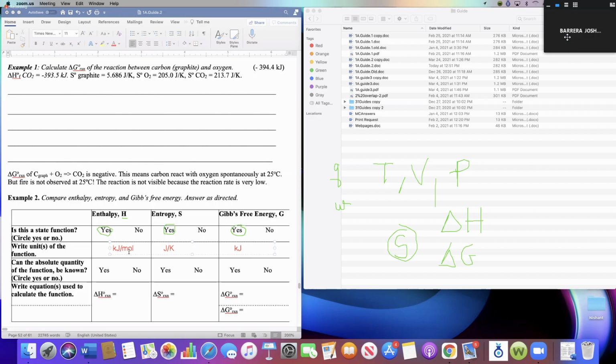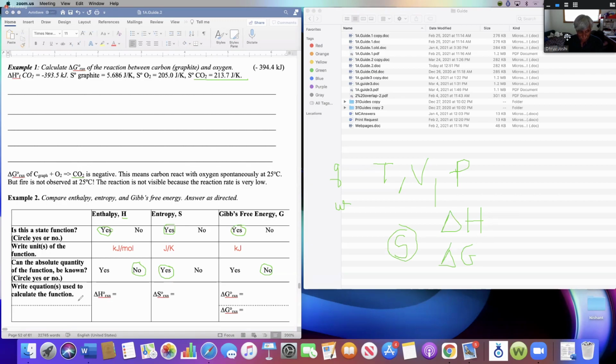No. Can you know absolute entropy of a system? I'm not sure. Okay, can you know the entropy of this carbon dioxide as a system? Yes. We don't have delta S, we have S here. And Gibbs free energy is energy again, so you cannot know the absolute energy. So the difference is entropy. Yes, you can know the absolute entropy of a system.